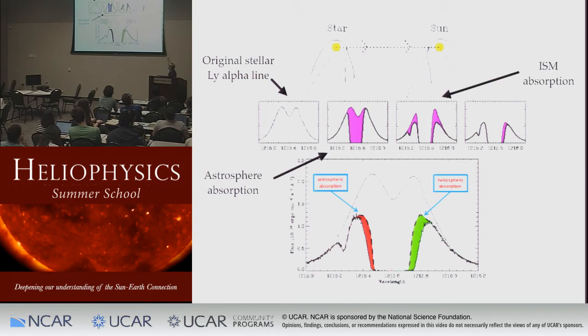Then it will go through the interstellar medium, so most of this emission line will be blocked by the interstellar medium material, which is mostly hydrogen. Okay? So all this middle part of the signal is gone. And you can see, by the way, that this is a diffuse line. An emission line should be a line, right? It should be like that.